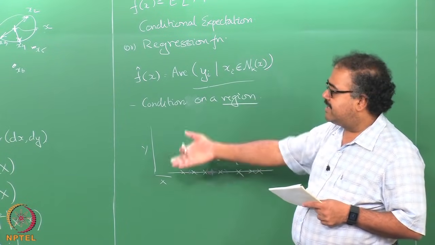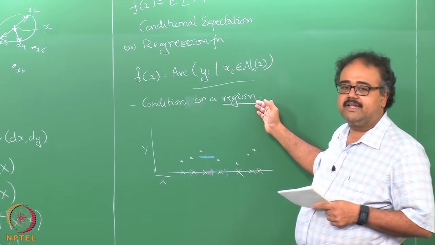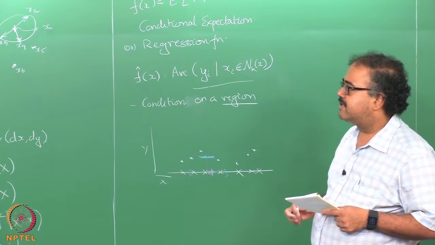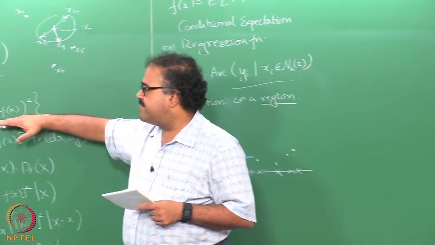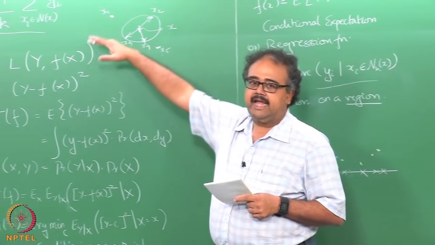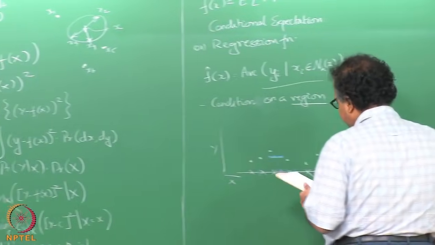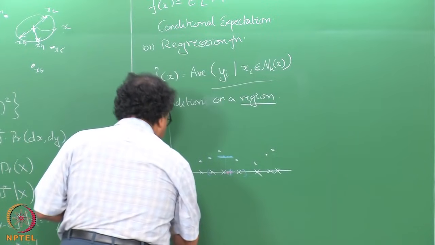So, conditioning on the data point wise and then relaxing that to conditioning on a region gives us nearest neighbor classifiers. So, in some sense you can argue that one way of minimizing the expected prediction error yields a nearest neighbor classifier. Okay.